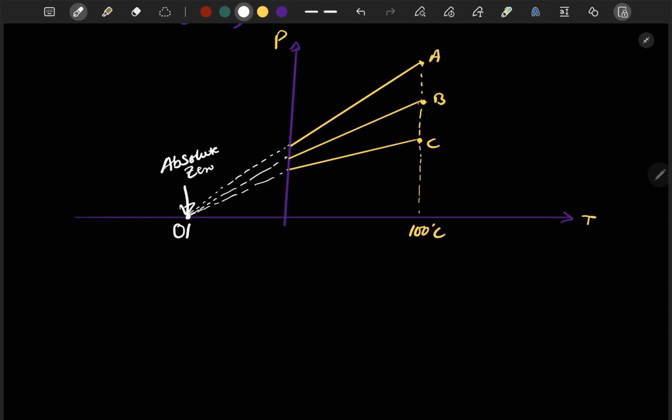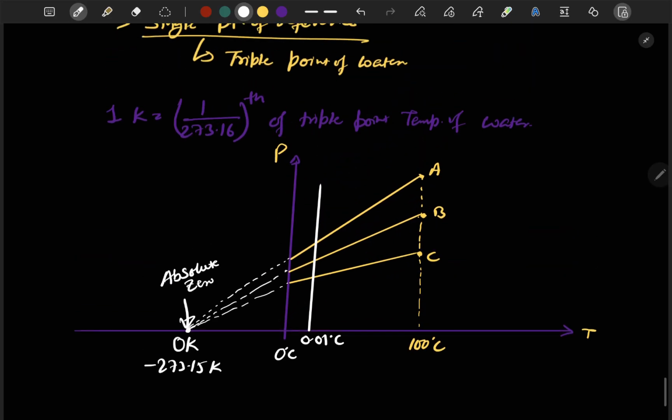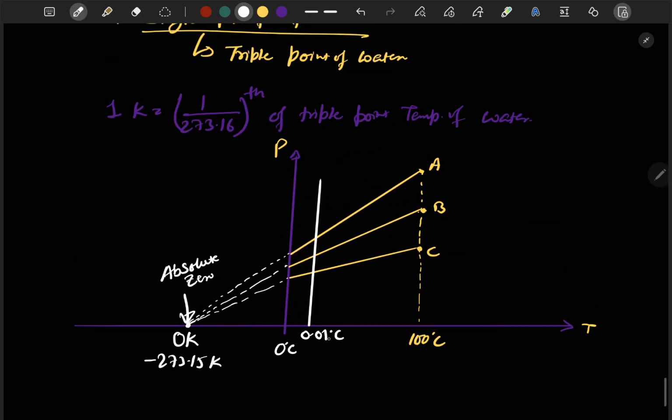This will be our 0 Kelvin, that is minus 273.15 degree Celsius. And this is our 0 degree Celsius, that is 273.15 Kelvin. And here at some point we obtain the triple point of water, which is 0.01 degree Celsius, or as said, 273.16 Kelvin.